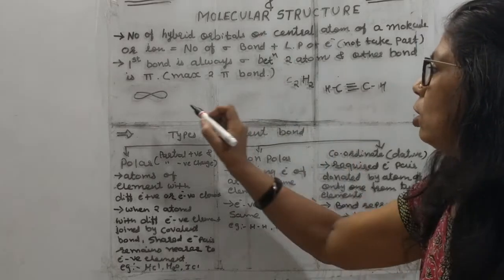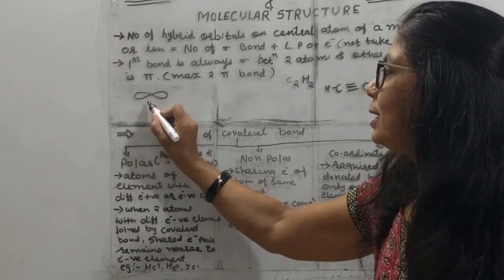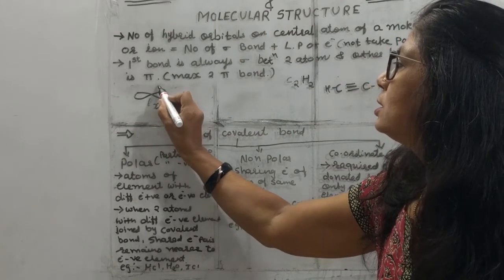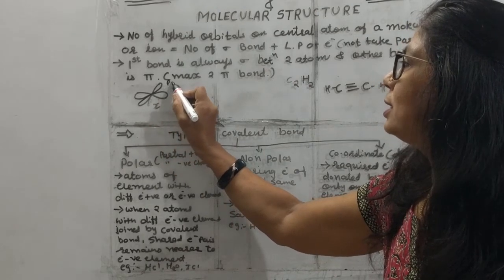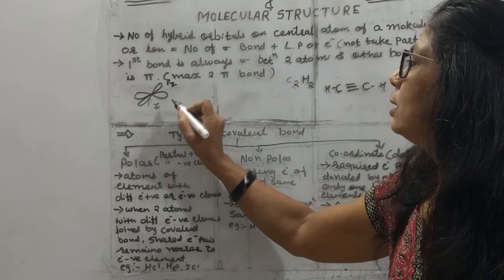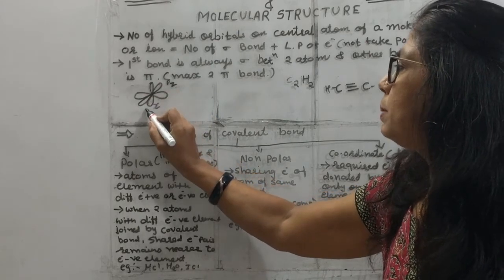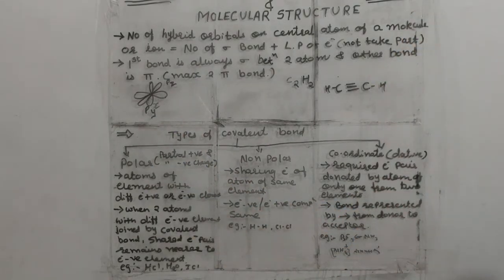The overlapping of the carbon is here: this is Px, this is Pz, and this is Py. This is for one carbon, and hydrogen also has one electron.